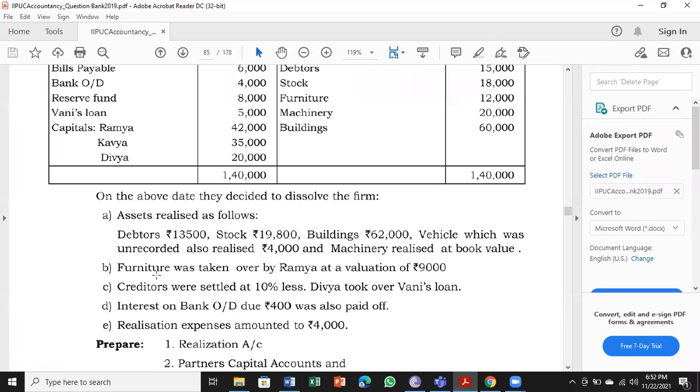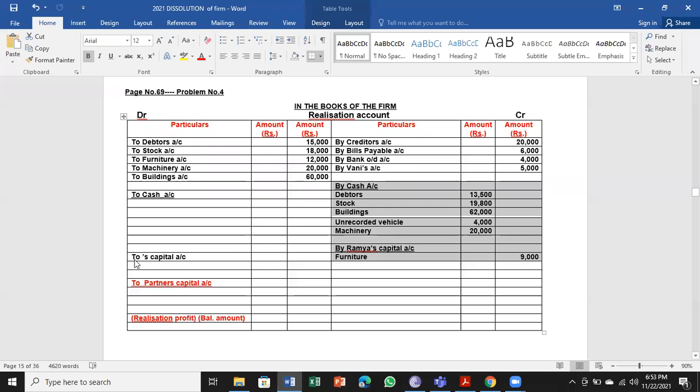Next, creditors were settled at 10% less. First, we'll take that one. So whichever is paid, any liability, any expense is paid to cash account because cash is going out of the business. The entry will be realization account debtor to cash account. Under cash account, we write all the payments done by the business.